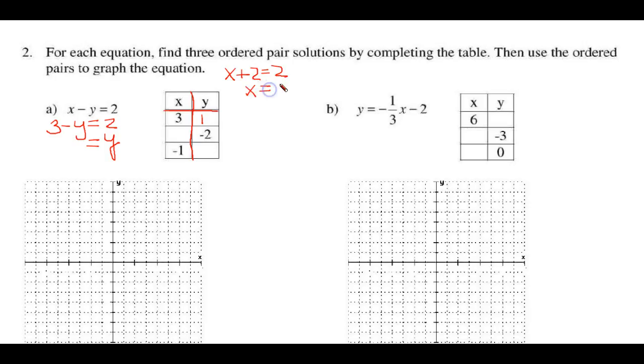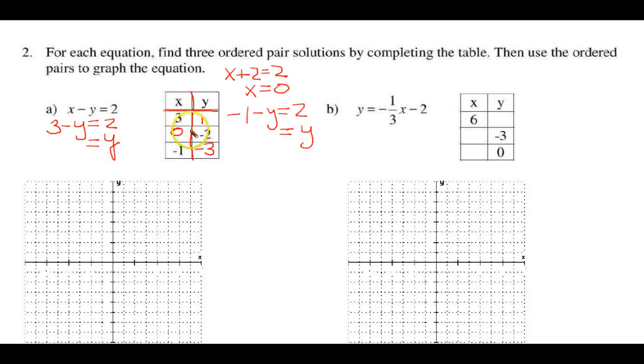We get x equals 0. And then we have another value for x here, which will be a negative 1. Negative 1 minus y equals 2. Now again, I can bring the y over to make it positive, bring the 2 over to make it negative, so this is negative 3.